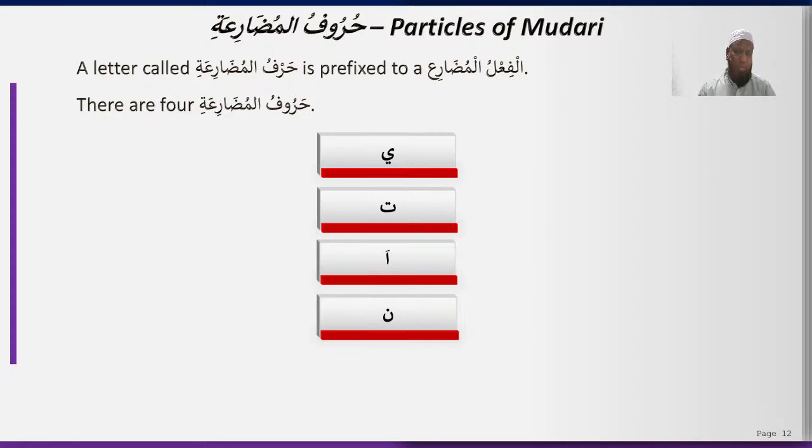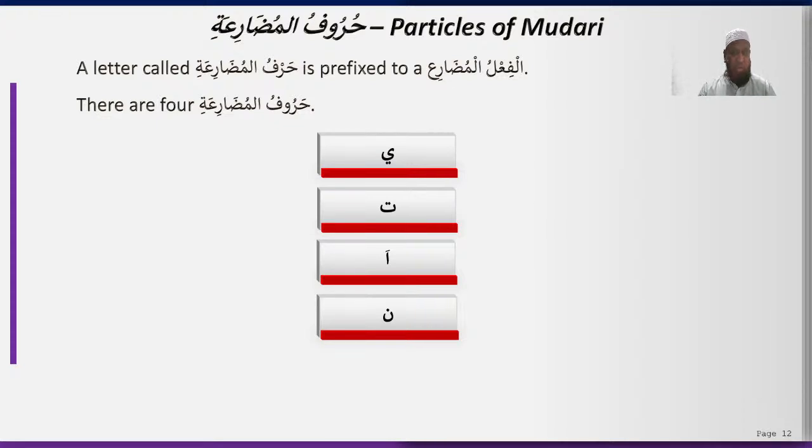We'll look at it in more detail. But most of the times, these 4 huruf al-mudari will be fatha, though sometimes it can be dhamma as well. So the fa'ul kalima always has sukun on it, a sakin letter.